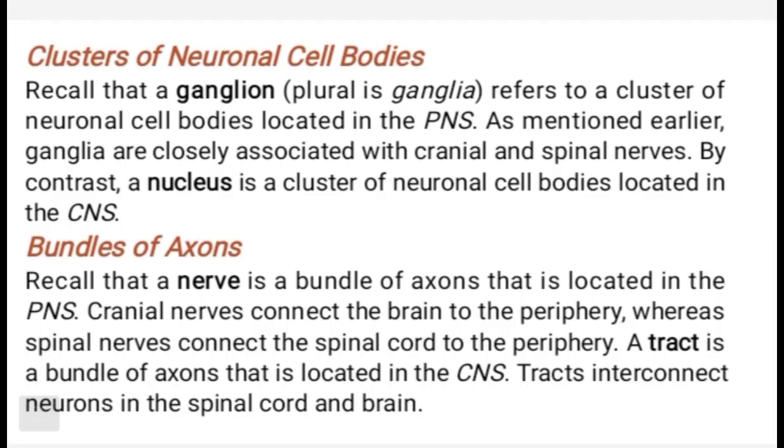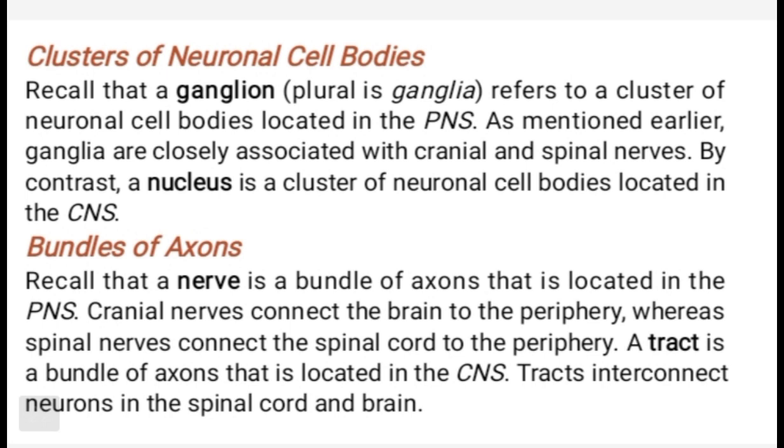Clusters of neuronal cell bodies. Recall that a ganglion refers to a cluster of neuronal cell bodies located in the peripheral nervous system. As mentioned earlier, ganglia are closely associated with cranial and spinal nerves. By contrast, a nucleus is a cluster of neuronal cell bodies located in the central nervous system.